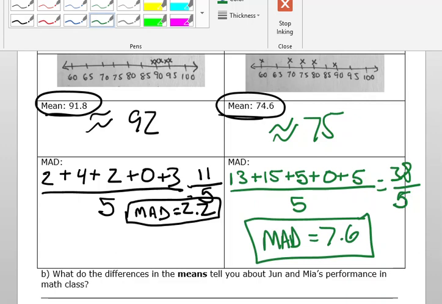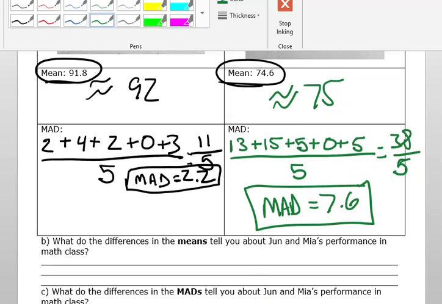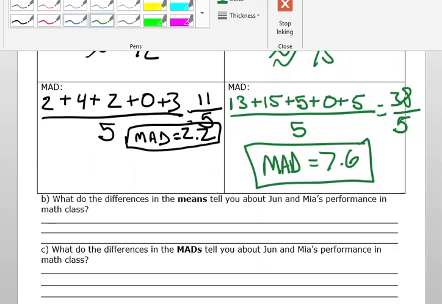So even though I had two different means, I can still take a look at this data and compare the mean absolute deviations and come up with some inferences that I can make. And so this question here, let's move down a bit. What do the differences in the means tell you about June and Mia's performance?